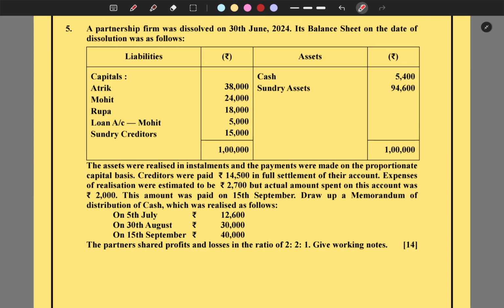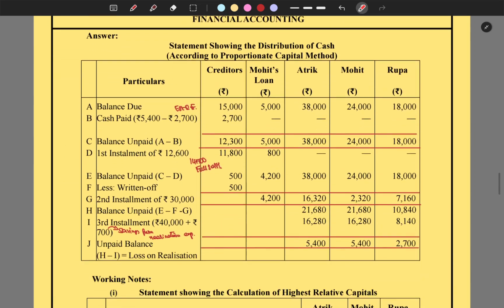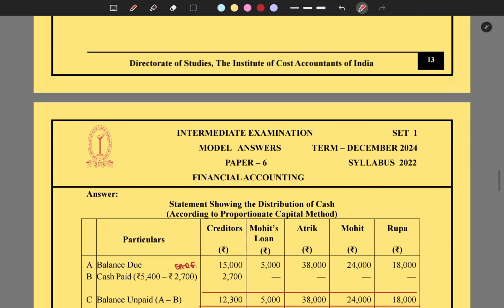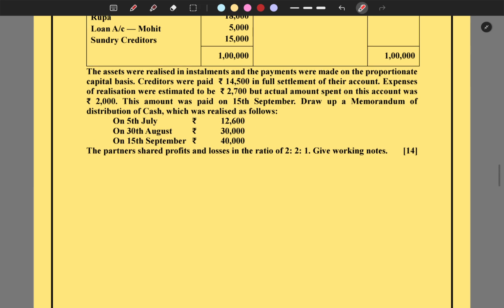I'm not going to prepare a table for it because the details are given, so we don't need to spend time on preparing the table. We can easily understand the concept and just recall the way we process this problem.